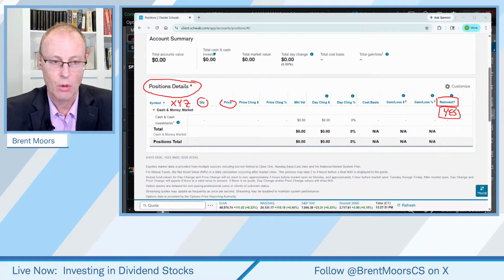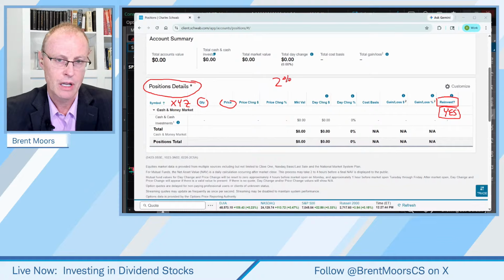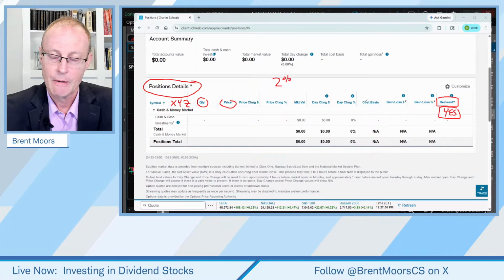If it says no, you can go through and then reinvest the dividend. If the particular company pays, let's say, a 2% dividend, which is a fairly standard dividend, that means basically 0.5% is going to be paid out quarterly, 4 quarters in the year, 0.5% each quarter equals 2% for the year.